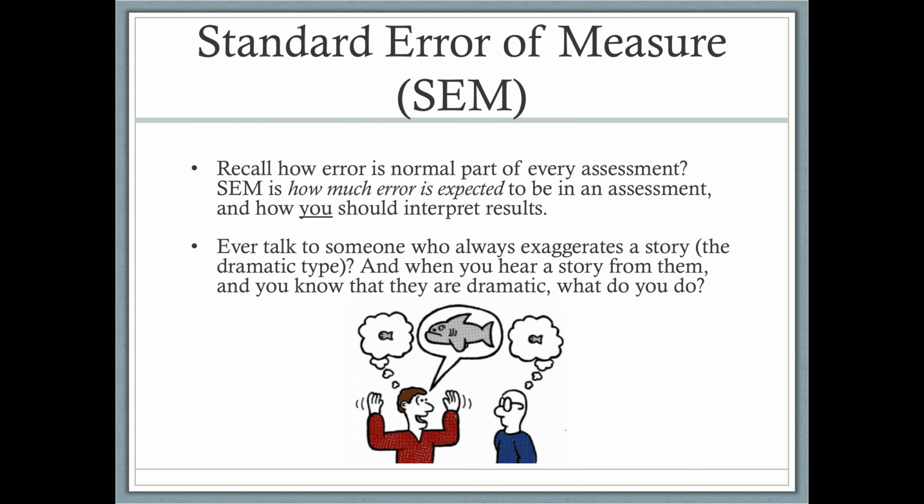Standard error of measure is how much error is expected to be in an assessment and how we should interpret the results. So think about, have you ever had a friend or know someone, you talk to them, and they exaggerate every story, and so you know to kind of compensate, like it probably wasn't that bad or probably wasn't that great, whatever. That's what SEM kind of does for us.